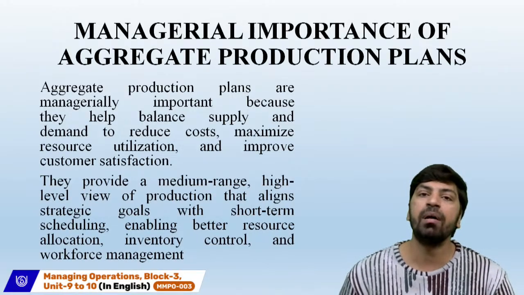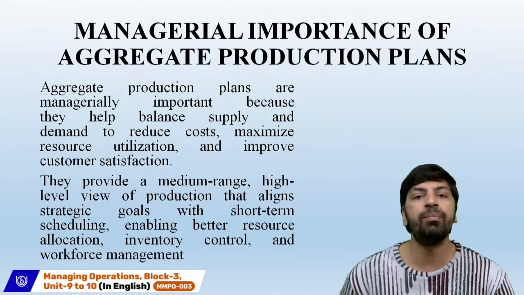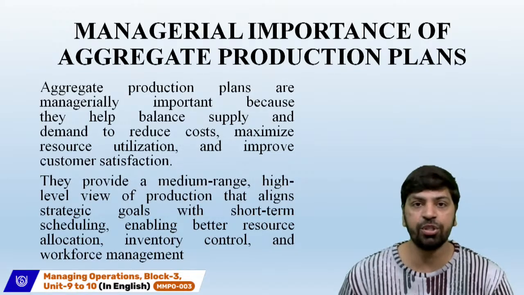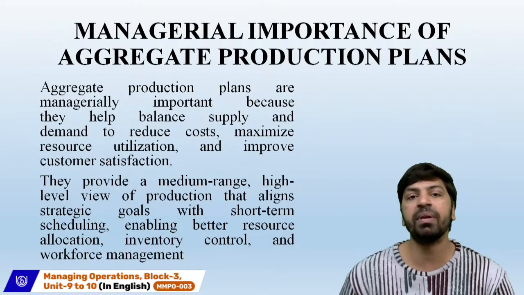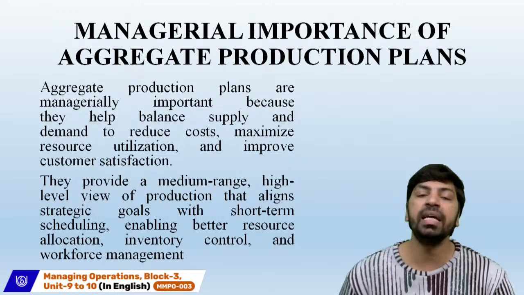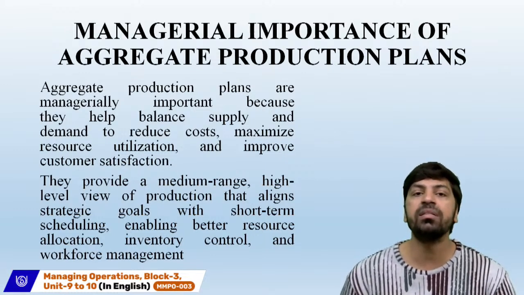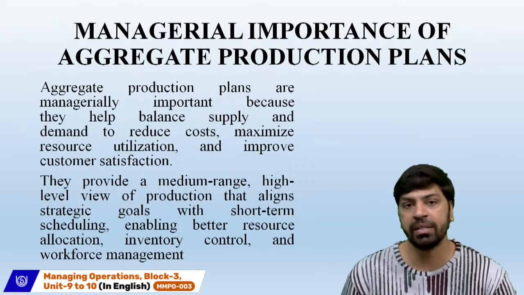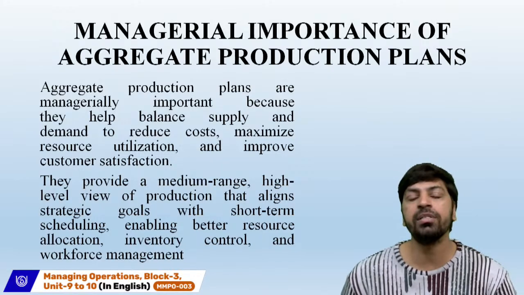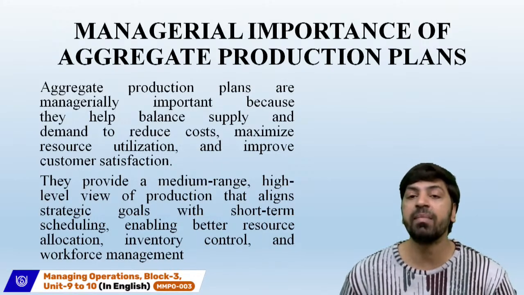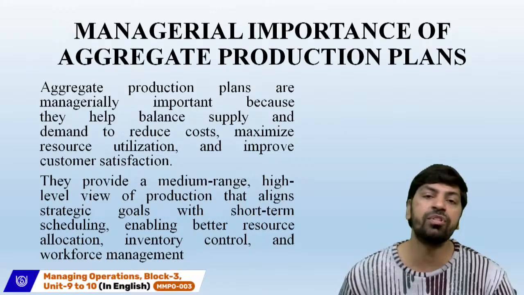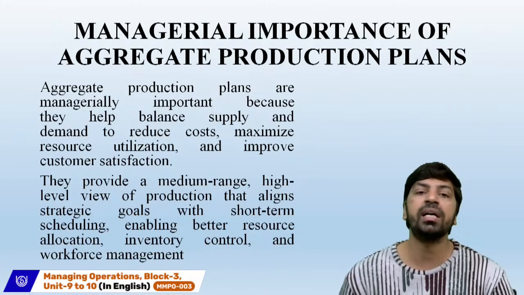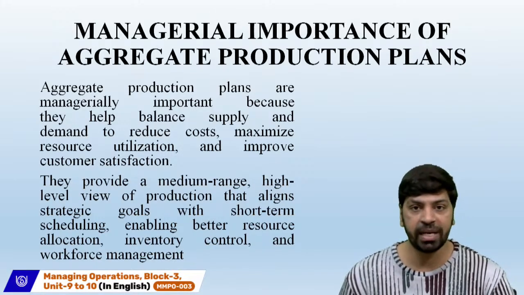Now we can come to the next topic, the managerial importance of the aggregate production plans. Aggregate production plans are managerially important because they help to balance between the supply and demand so that the cost could be minimized. And of course, it also maximizes the resource utilization and improves the customer demand and satisfaction.